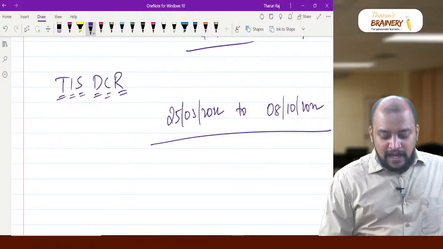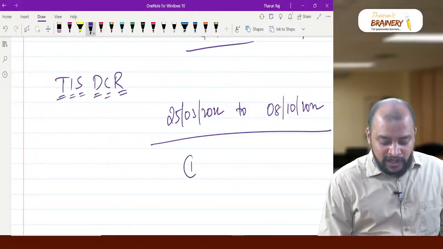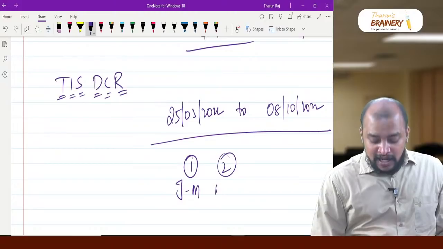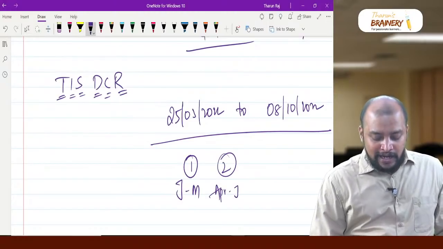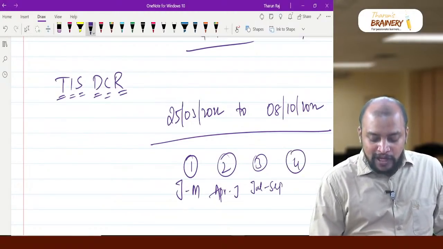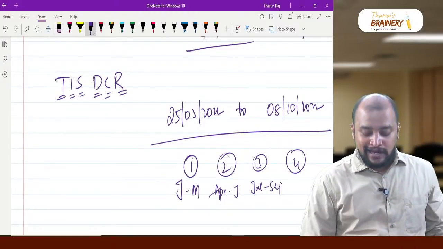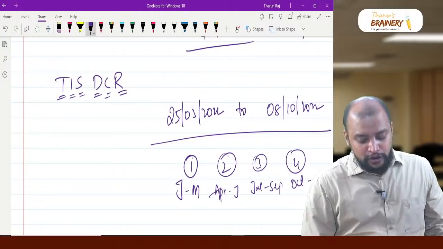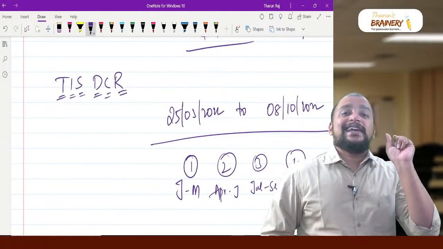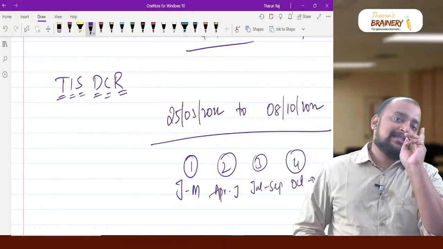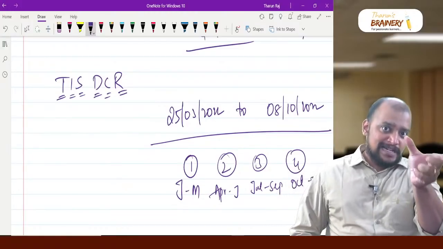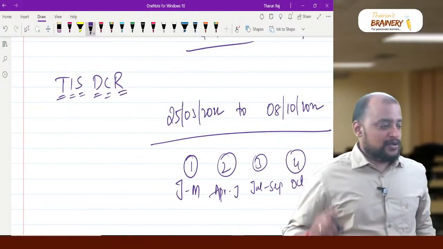So January to March is one quarter, the second quarter will be April to June, the third quarter will be July to September, and the fourth quarter in October, even if a few days are there, you will be taking as one quarter, so October to December. So how many quarters here? 4 quarters. So we need to take calendar quarters, even if one day is there in that quarter, that should be taken as one quarter.